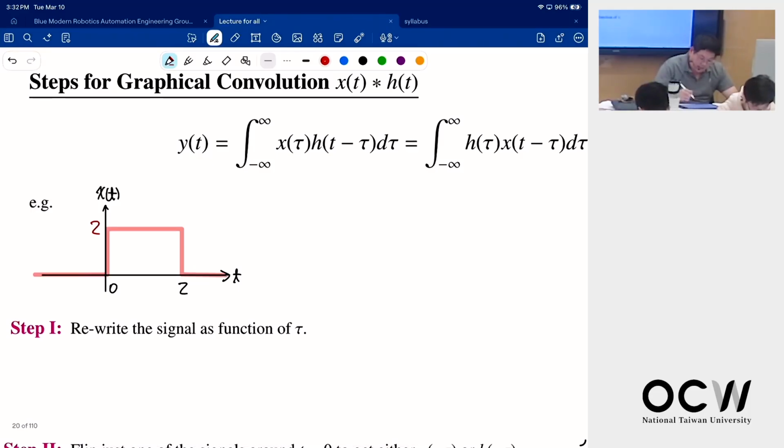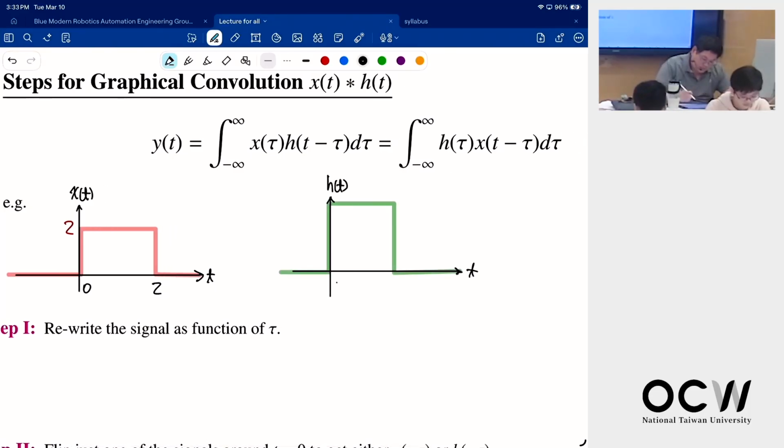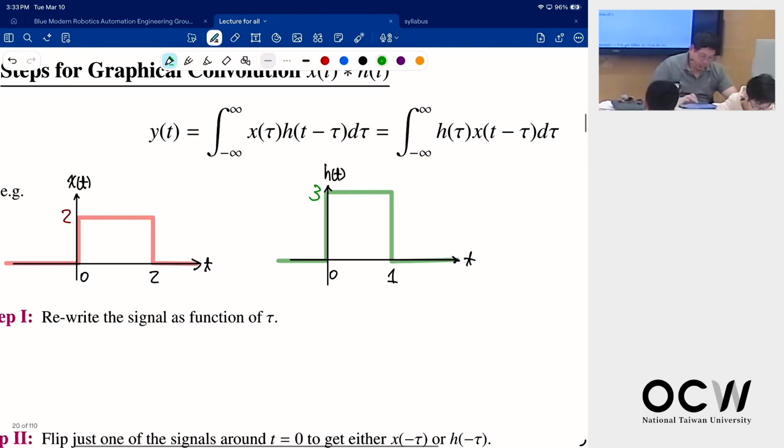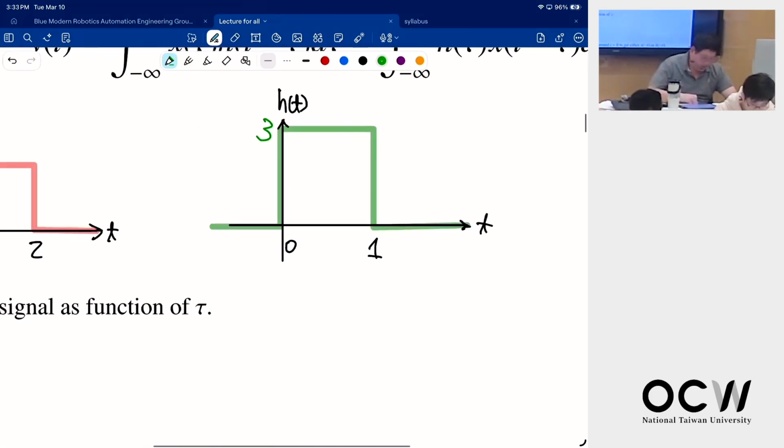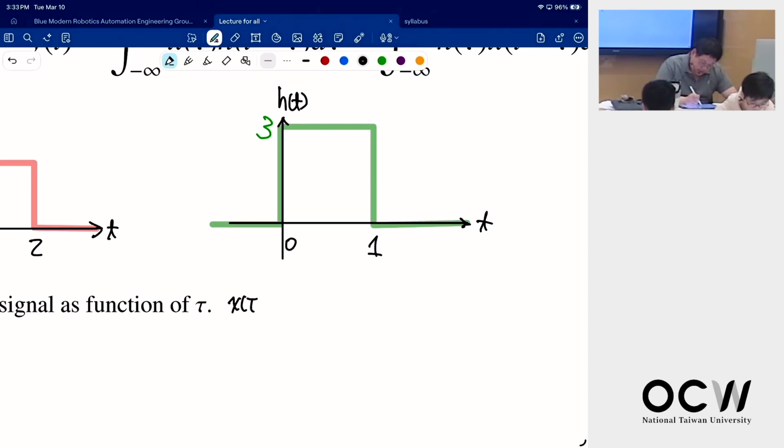And then for h, from 0 to 1, but the height is 3. So first we need to rewrite the signals as functions of tau rather than t. So we have x of tau and h of tau.